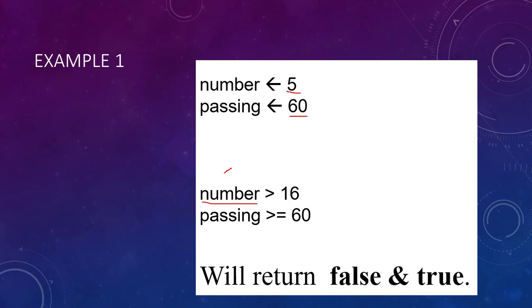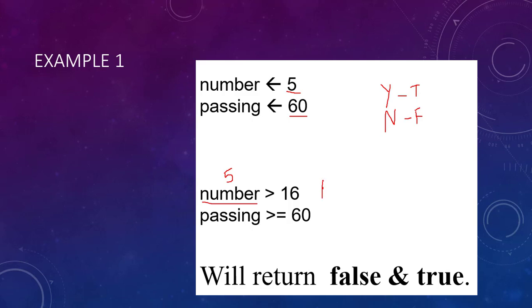If you do 5 greater than 16, you should ask yourself, it's like a yes or no answer. If it gives you yes, in this case it is true. If it gives you no, in this case it is false. Is number 5 greater than 16? No, so this will evaluate to false.